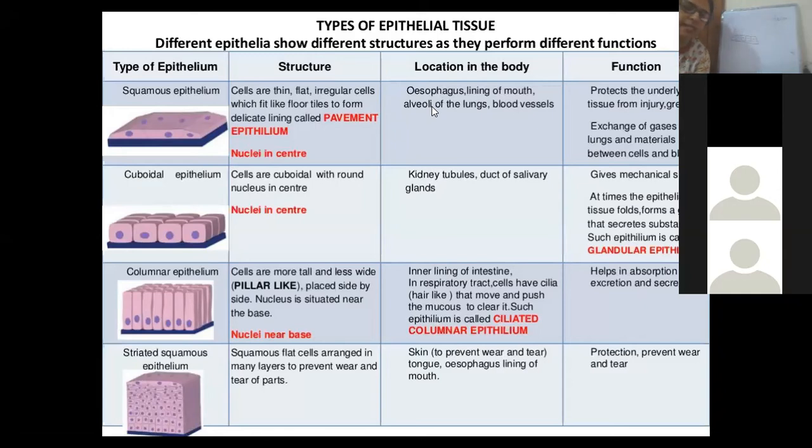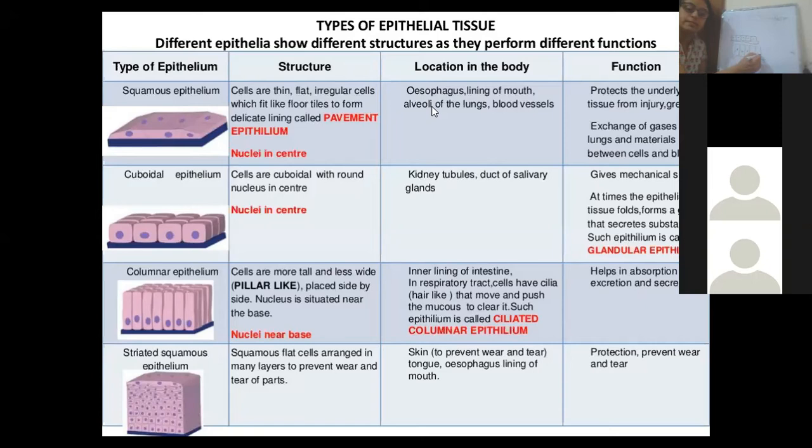Then there is another type of epithelial tissue which is just present on the basement membrane, but now the cells are not in cube shape. Now the cells are present in the pillar shape or column shape, right? Such kind of tissue with the prominent nucleus is known as columnar epithelia.